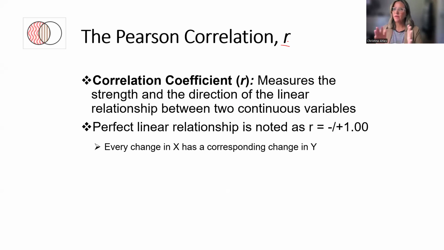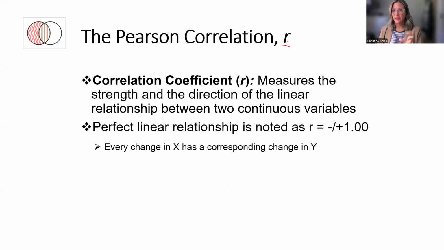You can have any number in between there, but as it gets closer to 1, it's a stronger relationship. As it's closer to 0, it's a weaker relationship, with 0 being no relationship. So with every change in X, there is a corresponding change in Y, and that's what the correlation coefficient measures. When you hear the term correlation coefficient, what that means is your r obtained.